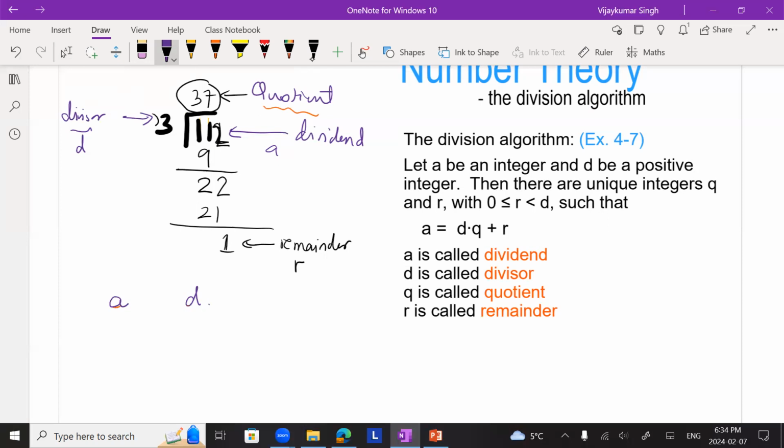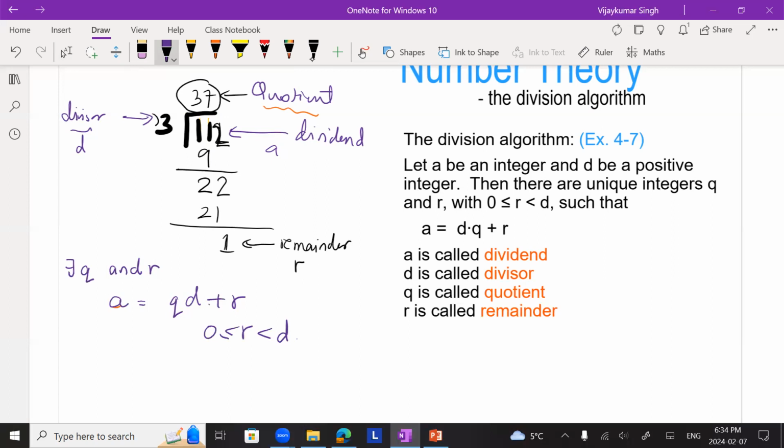What does the division algorithm say? It says that there exist numbers Q and R such that A becomes QD plus R, with the extra condition that R is greater than or equal to 0, but less than D. Why?